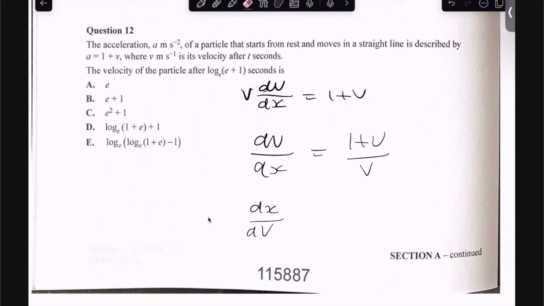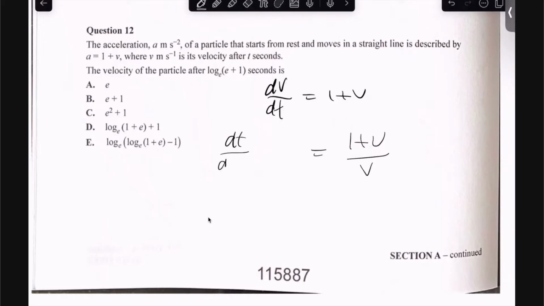So I made a mistake. Well, I didn't use the wrong formula. So dv dt is equal to 1 plus v. So dt on dv is equal to 1 on 1 plus v. And the initial, starts from rest. So initially the velocity is 0. So you can solve for t.